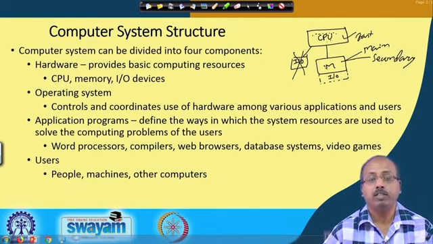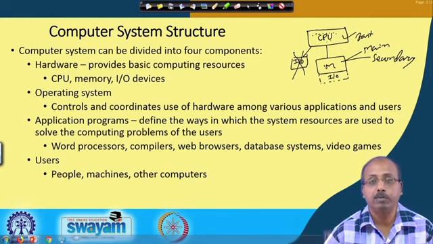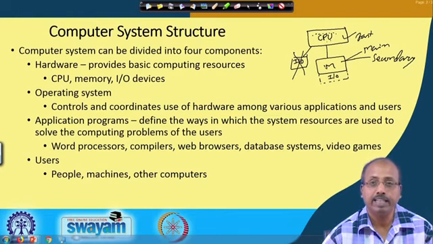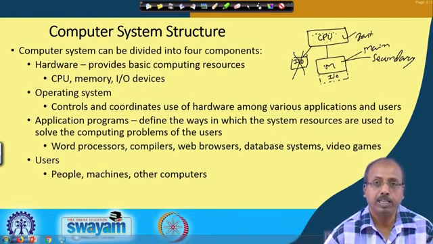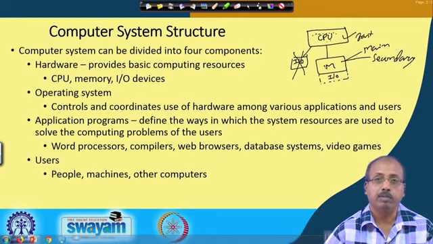Similarly, if I have written a C program and want to convert it into machine code, how do I do it? Either I do it by hand. I know the machine instructions of the underlying computer CPU, the underlying processor, and accordingly I write down the machine language program which corresponds to the high level program.